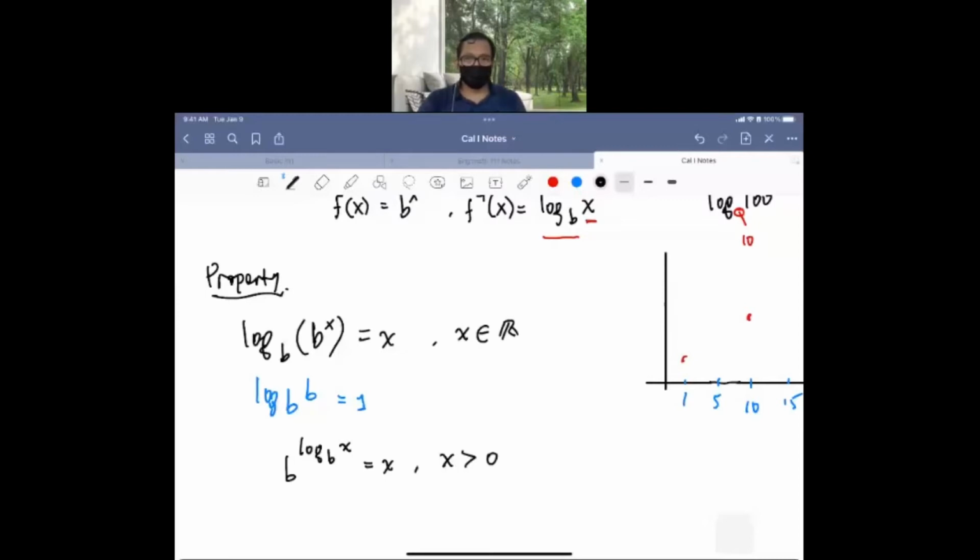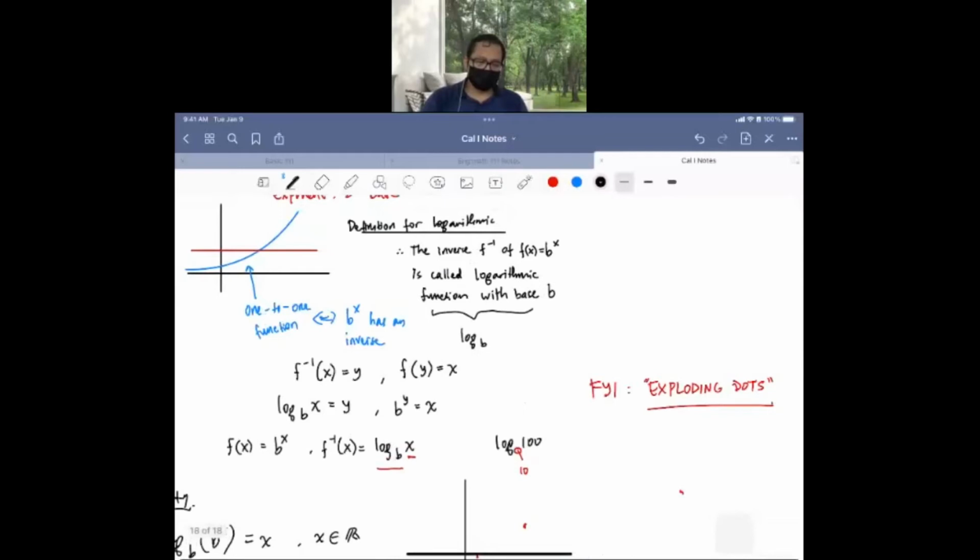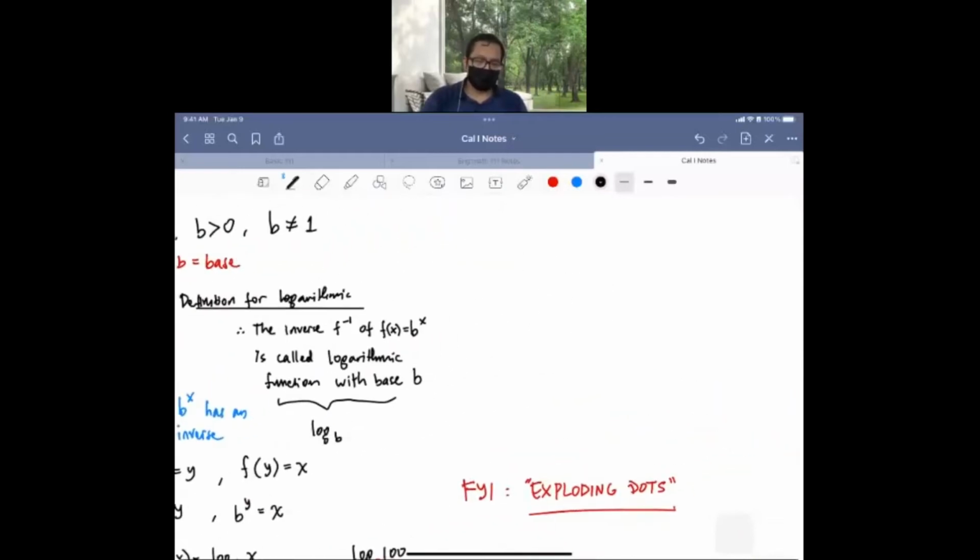How can this be true? It's because of the definition of the inverse. Let me write this to make sure we understand the inverse. This is true, we did this last week.